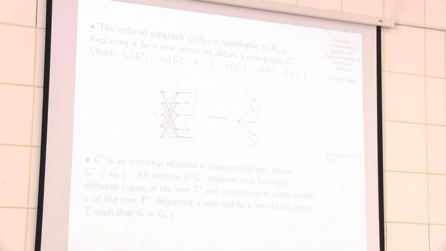This is a new leaf. So we performed an operation from Oxley's work in the opposite direction. He did the same for k equal to 2 and 3, but very often the statements which are not very difficult for small connectivity are rather complicated for arbitrary connectivity, arbitrary k.